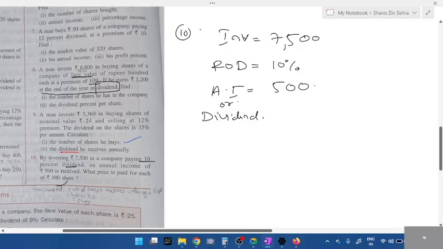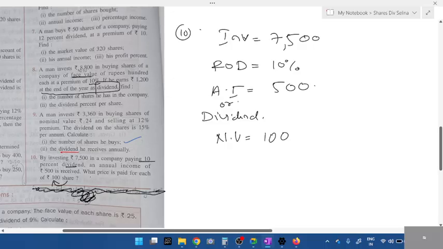What price is paid for each of rupees 100 share? What do you mean by rupees 100 share? What price is paid for each? Is paid for each of rupees 100, nominal value is given.